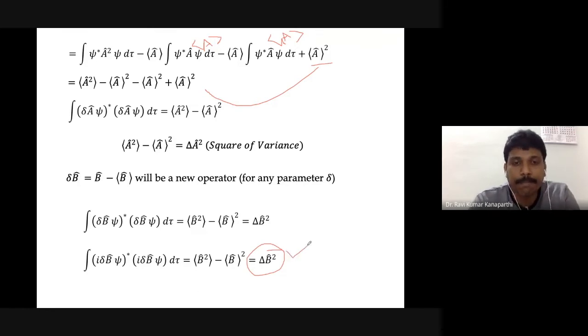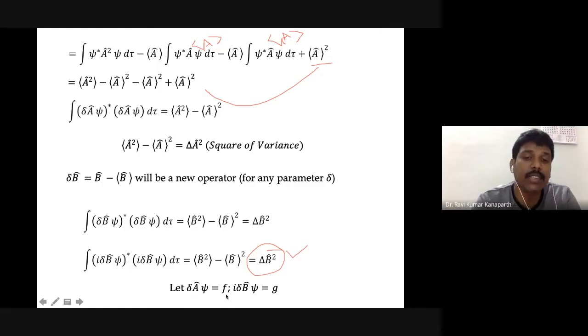Now to prove the generalized Heisenberg uncertainty relation, we assume delta A psi as a function f, and similarly i delta B psi as another function, that is g.